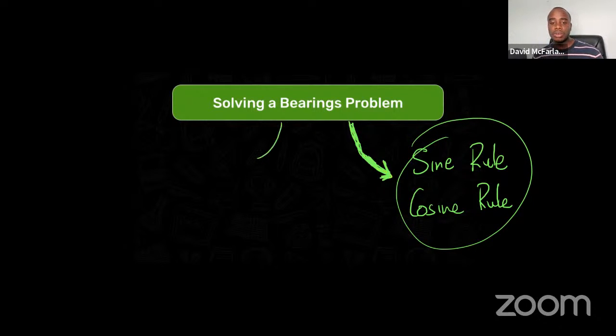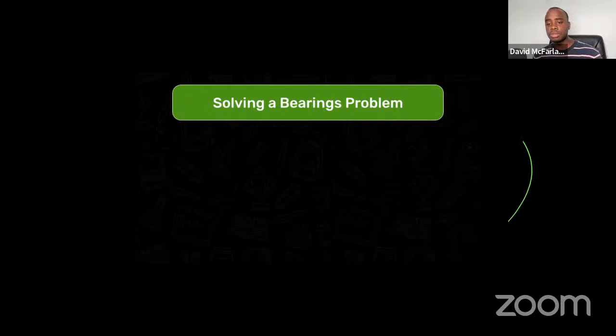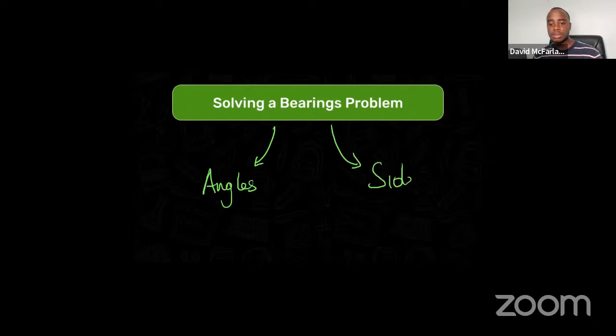So you know what I should have done? Let me put it out like the two basically. Either we're looking at angles or we're looking at sides. We're trying to find an unknown side or an unknown angle.